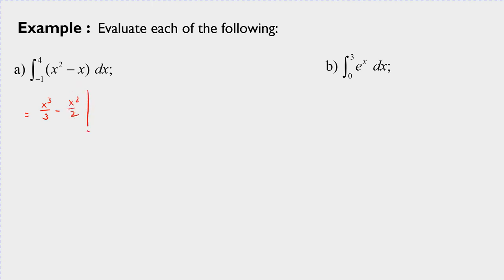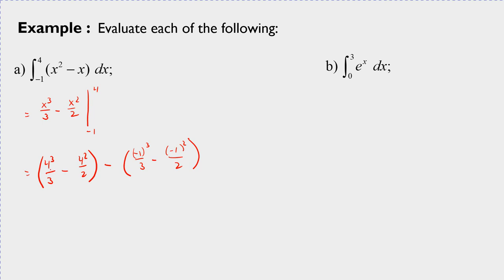And then I'm evaluating from -1 to 4. Okay, so I'm going to plug 4 in. So I get 4 cubed over 3 minus 4 squared over 2. Minus, and then I'm going to plug in -1. I get -1 cubed over 3 minus -1 squared over 2.